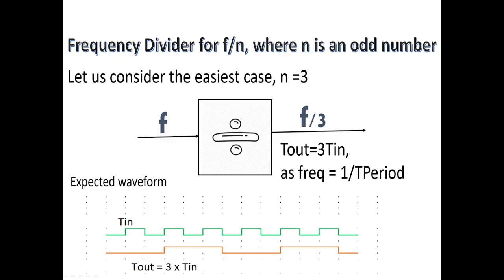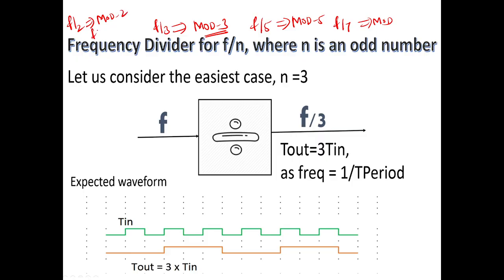If I want to divide frequency by 3, I use a mod 3 counter. For f by 5, a mod 5 counter. F by 7 means a mod 7 counter. Similarly, f by 2 circuit uses a mod 2 counter, and f by 4 circuit uses a mod 4 counter.